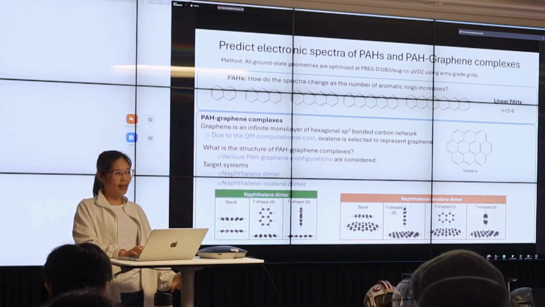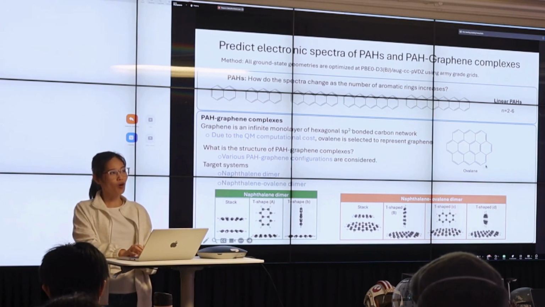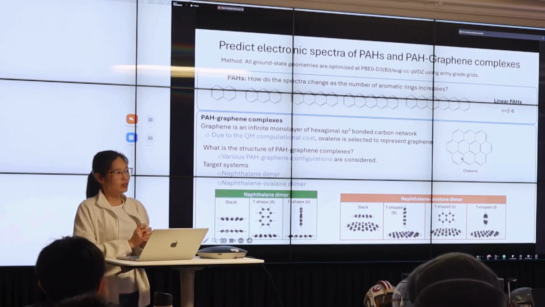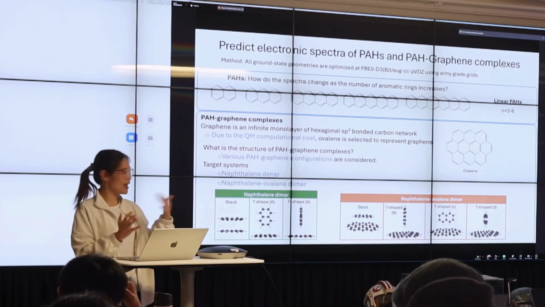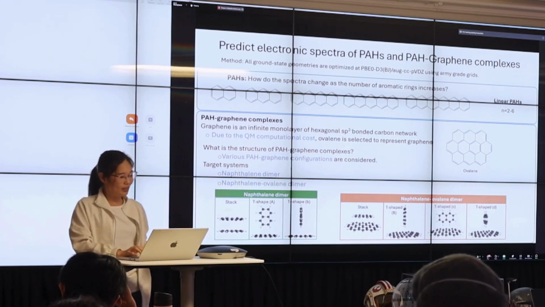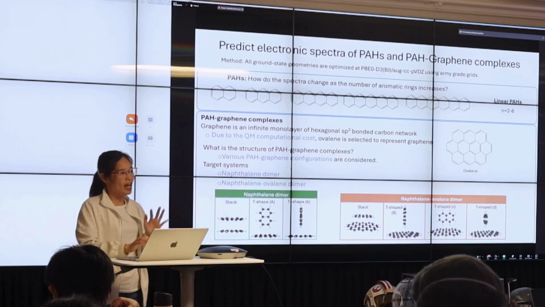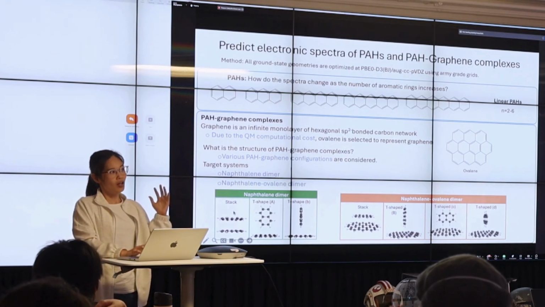The smallest model that I think is close to graphene is ovalene, so I use ovalene to represent graphene. Then I have the PAH interact with ovalene, and the question is how they are going to interact with each other. That's why you can see different configurations here.